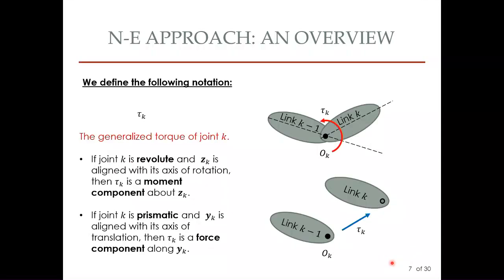The second variable that is defined here is the generalized torque, tau k. If you forget what something is, go back to this glossary. So tau k, if it's a revolute joint, is the torque that is acting between these links.